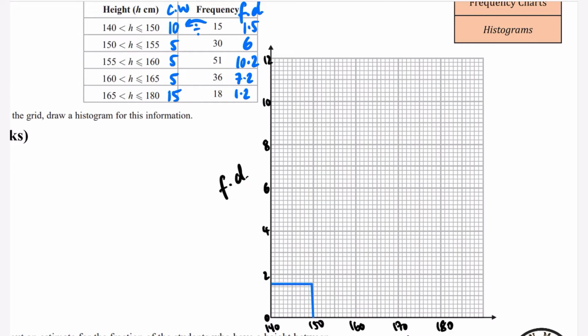The next one is 150 to 155, and we're going all the way up to 6. Then we're going up to 10.2 for the next group. 10.2 is just going to be one little extra square above the 10.